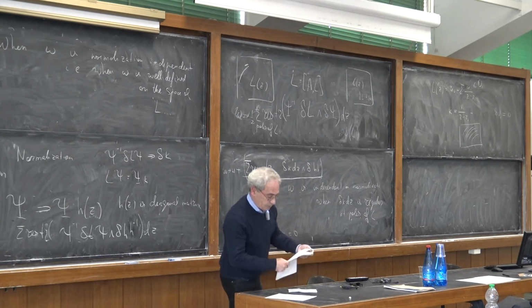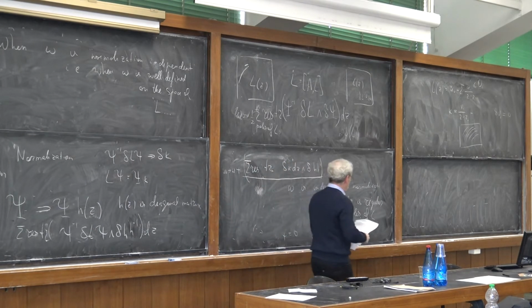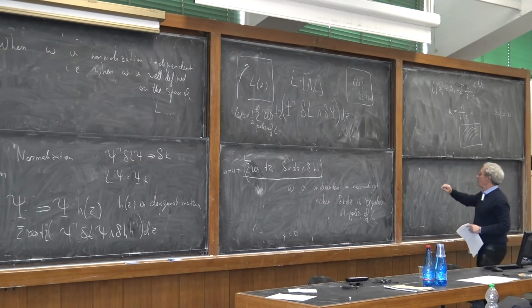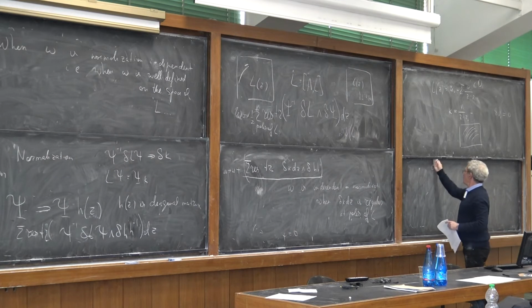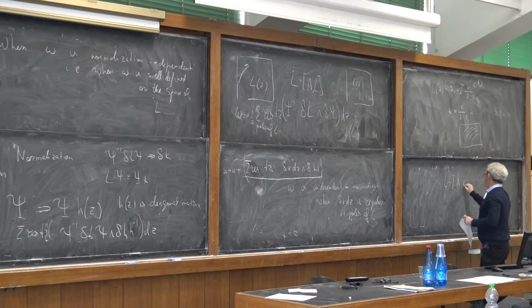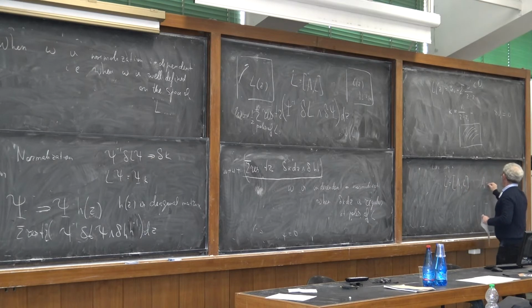I'm going to do some simple computation in order to show that the Lax equation, L dot equals the commutator of A and L, where A is V of z minus mu, L the same as before in our example, and V is chosen to be L to the power k of mu.